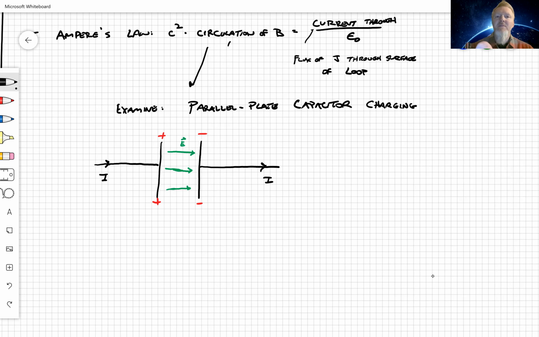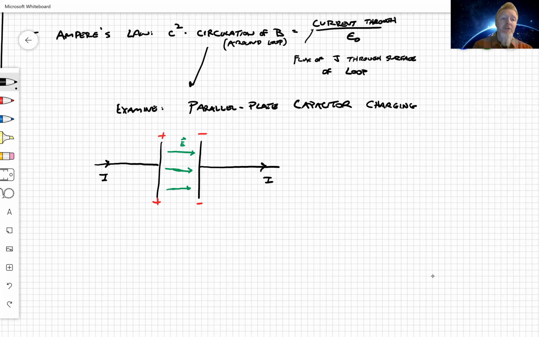Circulation of B is around a loop, and the current through it, like the I enclosed, is the same as saying it's the flux of current density through the surface of that loop.